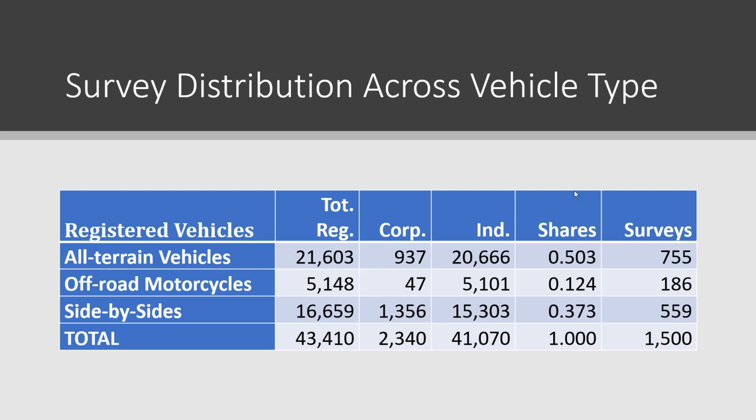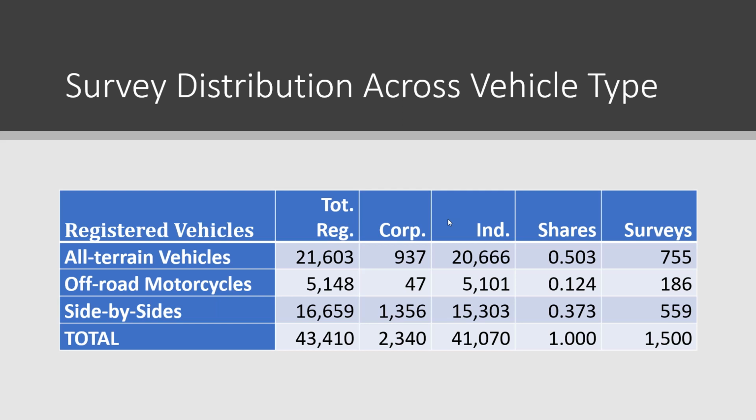We only surveyed machine owners or machines that were titled to individuals. A couple of reasons for that. One is corporate machines would be used significantly differently. And the second is the corporate address on the title is very likely not going to get you to somebody that is competent or interested in filling out the survey.